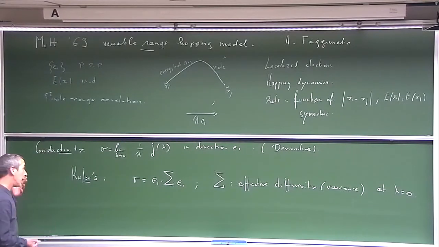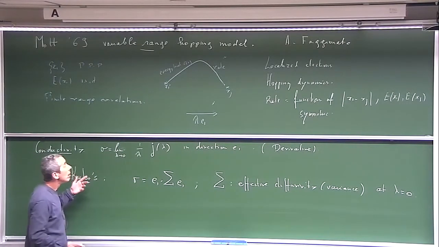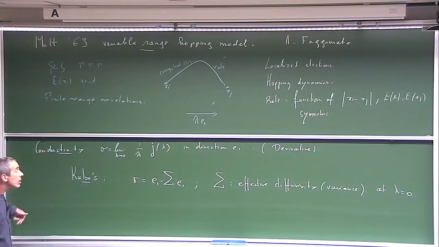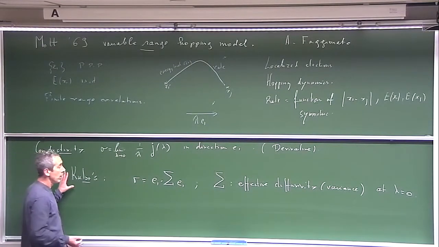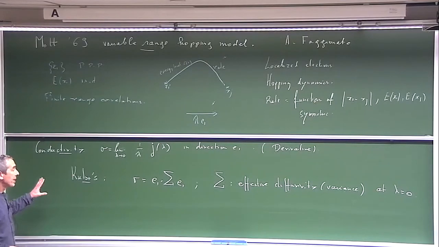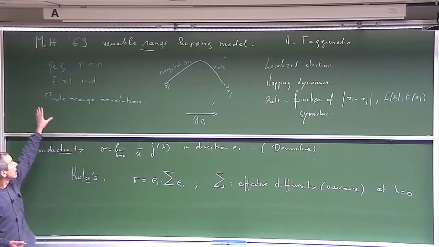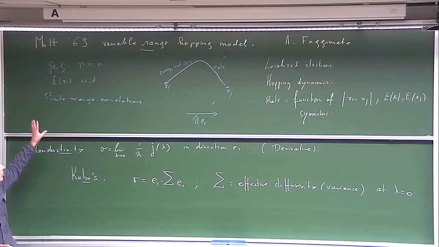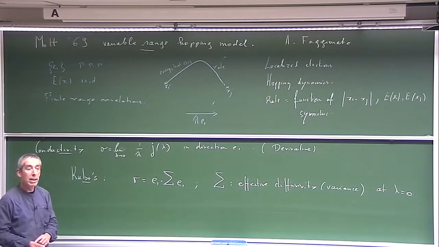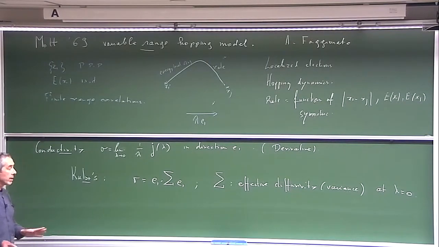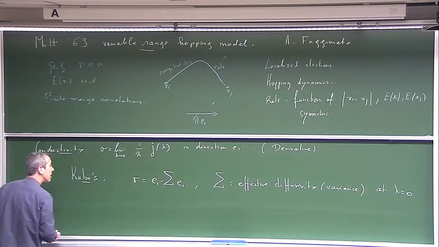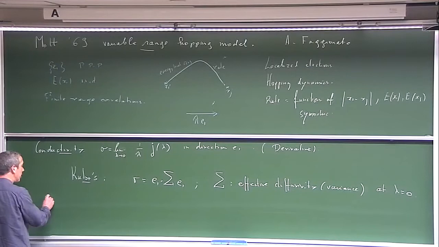Maybe before I go back to diffusions, just for your general culture about this model. So Mott's variable range hopping model is more specific because there are assumptions on the law of the energy marks. Now, one reason why it's interesting is because actually based on this kind of formula, you can estimate sigma.